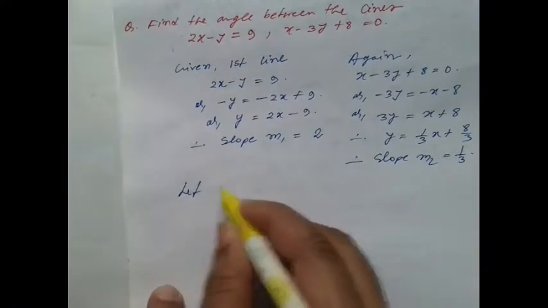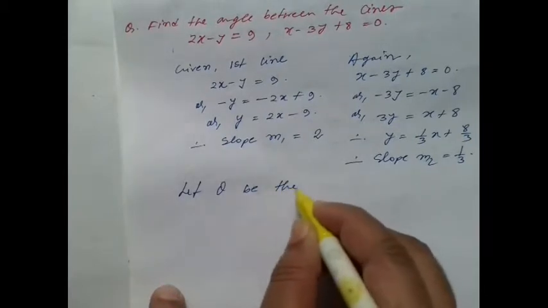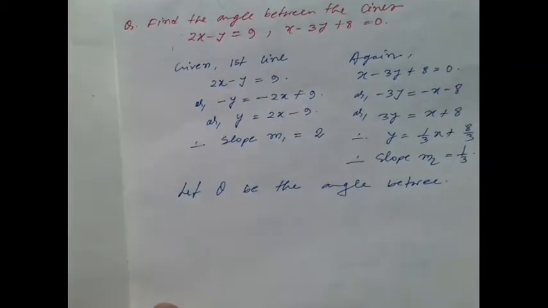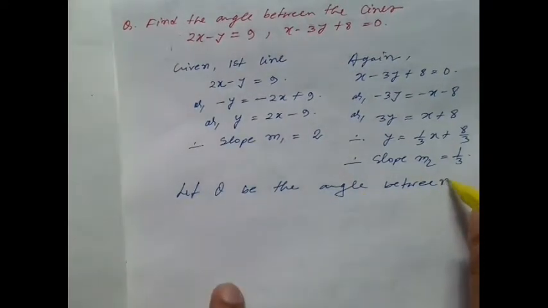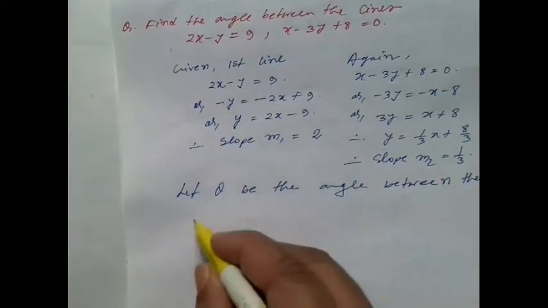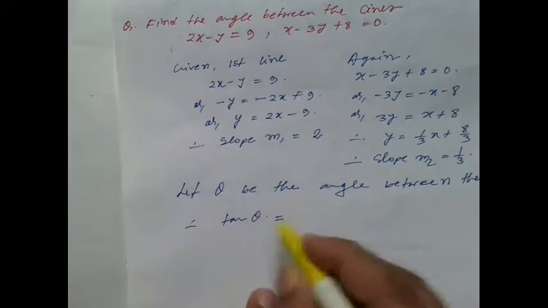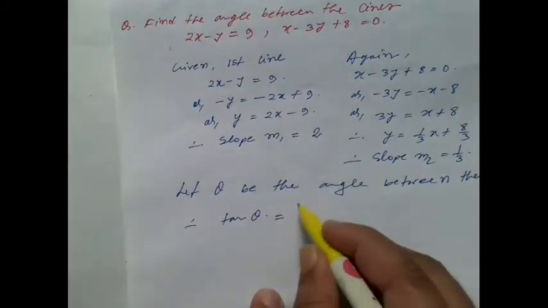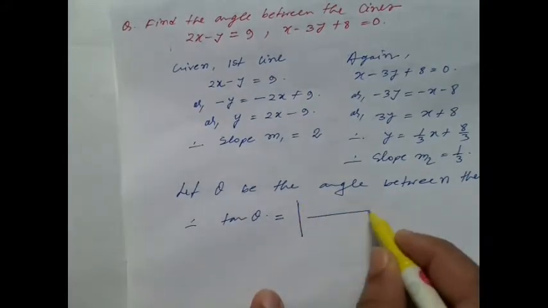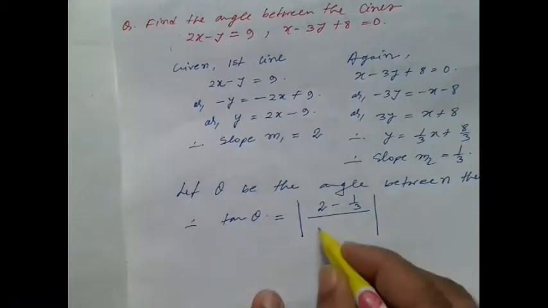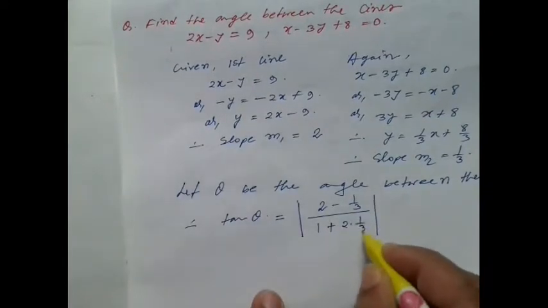Okay, let theta be the angle between them. Therefore we have to recall the formula: tan theta equals, as we have to find the acute angle, so we take mod of (m1 minus m2) by (1 plus m1 m2), that is (2 minus 1/3) by (1 plus 2 into 1/3).